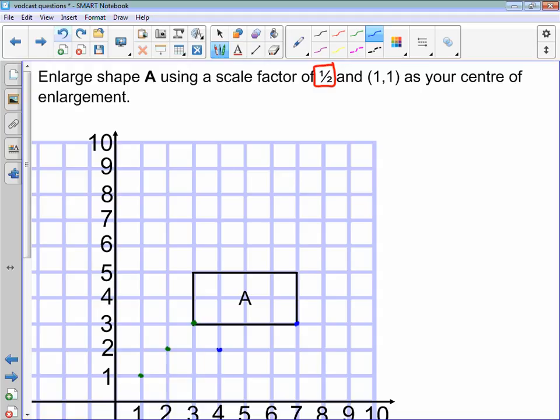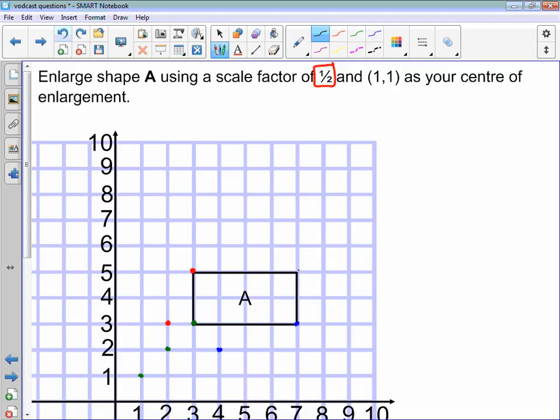So the point is going to be here. Now to find where this corner goes on my new rectangle, I need to travel 1, 2 right and then 1, 2, 3, 4 up. So if I halve those distances, that means I need to travel 1 right and 2 up. So the point is going to be here.